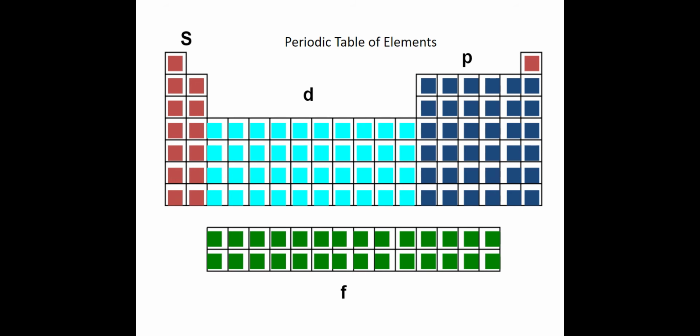And dangling separately below the periodic table, those two rows are the F subshell, periods 6 and 7. This is why the periodic table has the shape that it does.